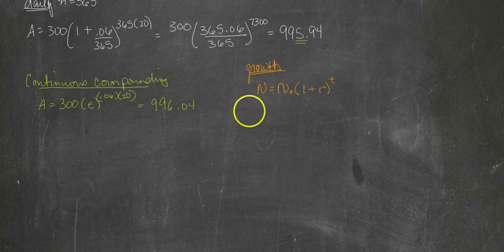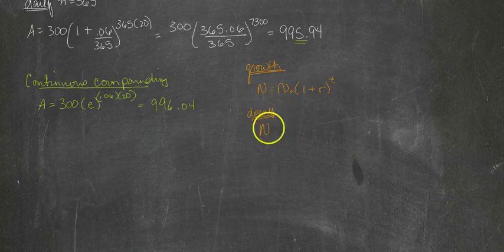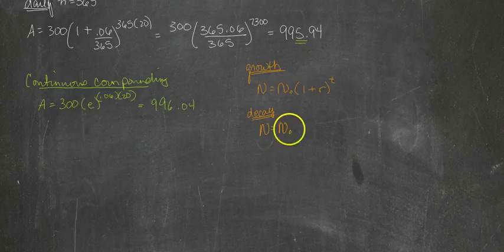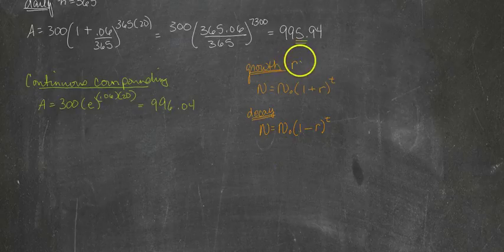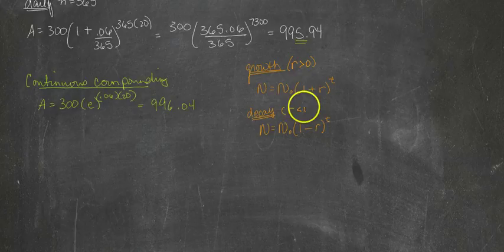But decay, meaning that something gets exponentially smaller, the formula would be N equals the initial amount times 1 minus R over some given time. So the only difference between the two is that for growth, R is greater than 0, and for decay, R is less than 0, and if nothing changes at all, R would equal 0.